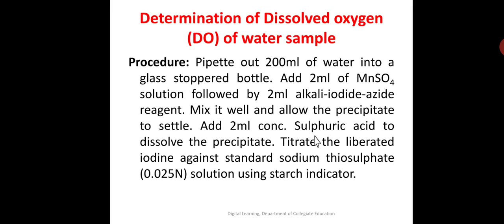Then add 2 ml of sulfuric acid to dissolve the precipitate. On dissolving the precipitate, the sulfuric acid reacts with the potassium iodide in the presence of nascent oxygen and liberates iodine, and that liberated iodine is titrated against sodium thiosulfate solution taken in the burette.